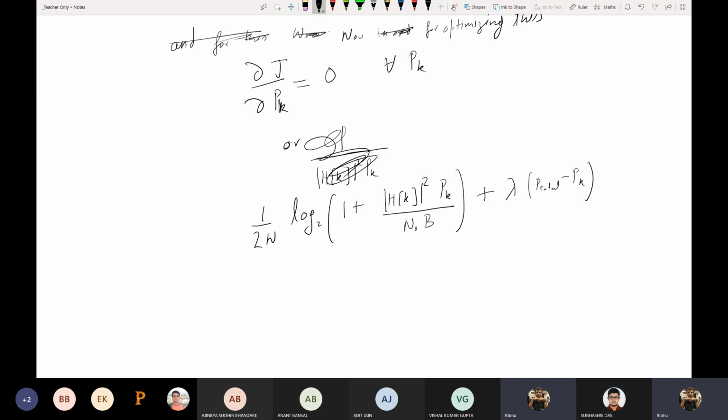So differentiating this, del J by del pk equals 1 by 2n. So the log of 1 plus x.